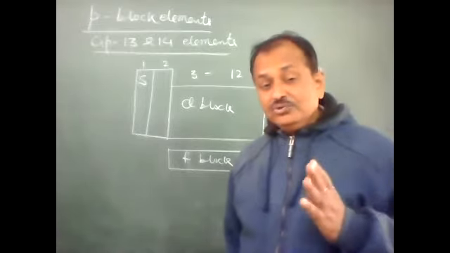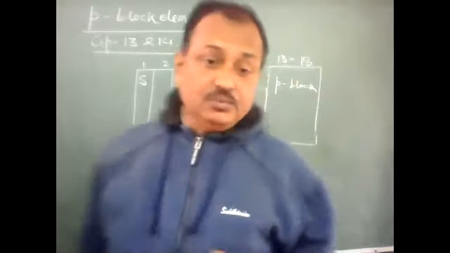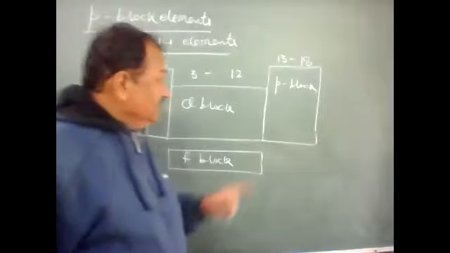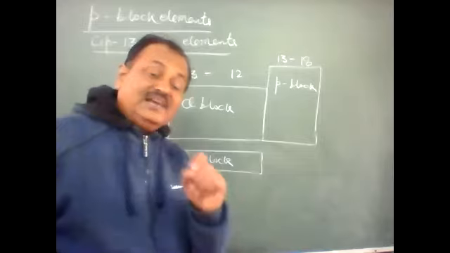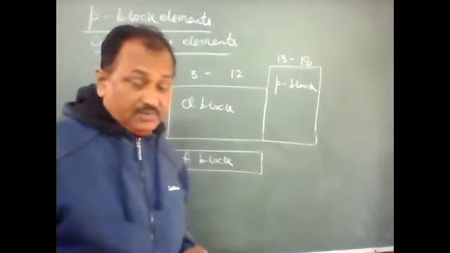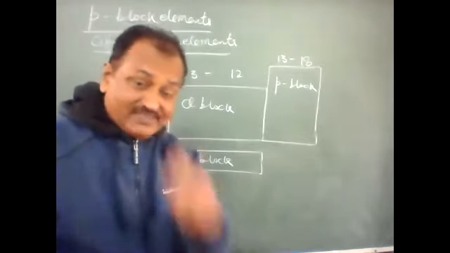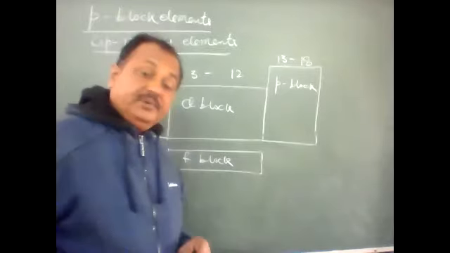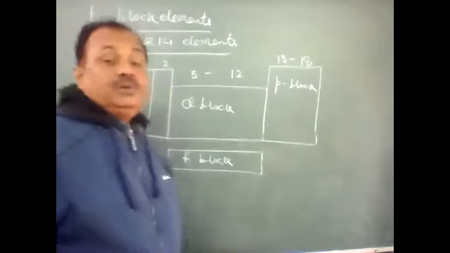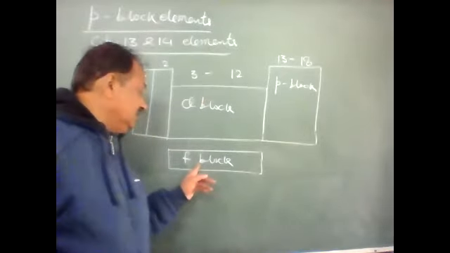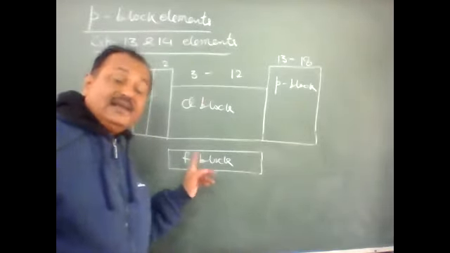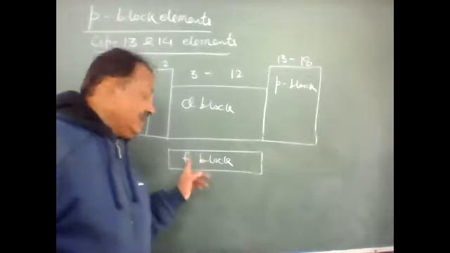Similarly, a P block element is one in which the last electron, the valence electron, goes to the P orbital. And for this we have to write the electronic configuration. Similarly, with the F block, the last electron goes to the F orbital.